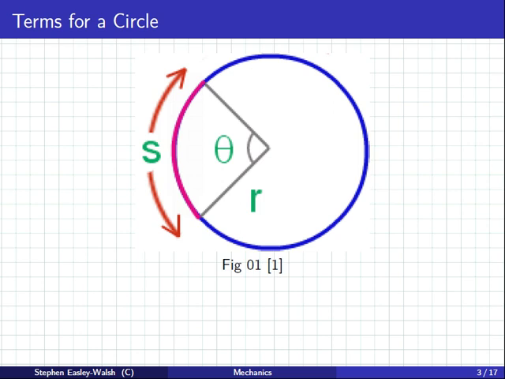Maybe I need a better circle. I'm just concerned about the s right now. Does anyone know its name? Nobody? What's the s called?